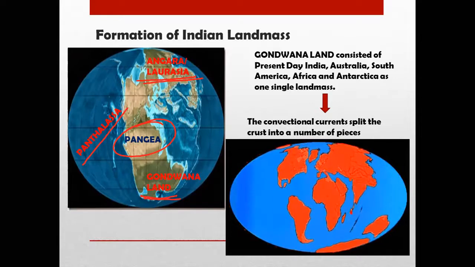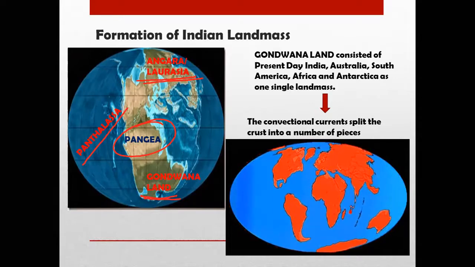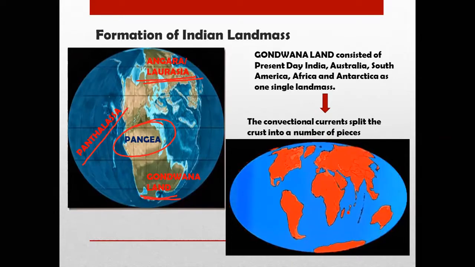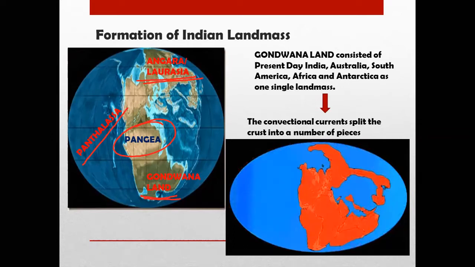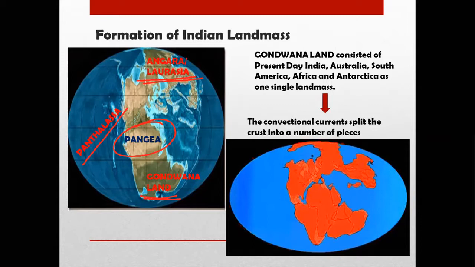So this basically explains the split up of the entire big landmass Pangaea and how it led to the formation of present-day continents and water bodies.